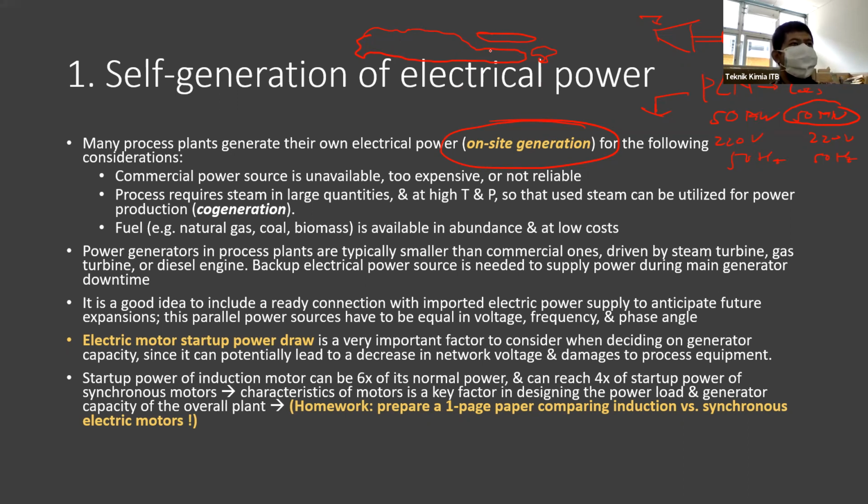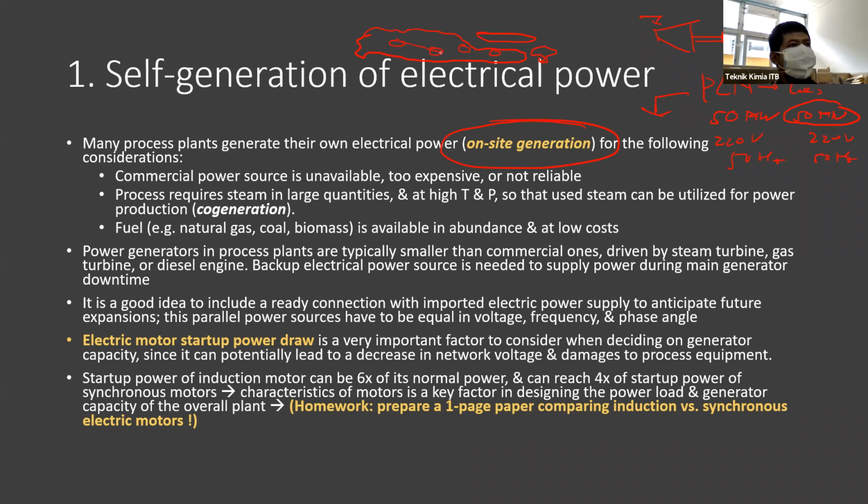Here in Probolinggo, suppose we have Paiton. Here we have Jatiluhur. And here we also have Gajah Mungkur, and here maybe Sutami in East Java, and so on and so forth.